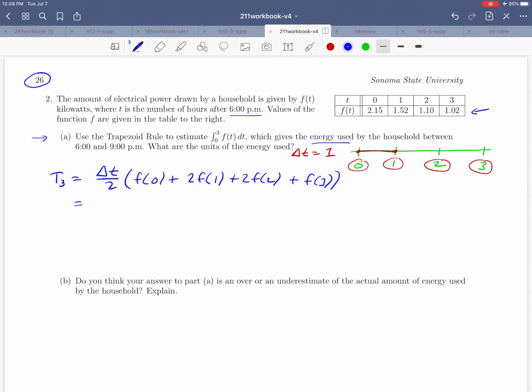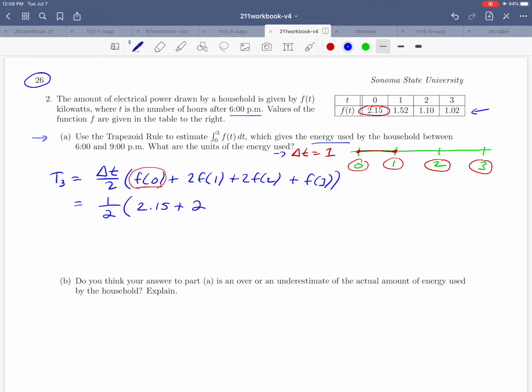All right, can we find numbers for these things? Well, we already noticed over to the right that delta t is equal to 1 from the picture. And how do we get these function values? Like f of 0, for example, how do we figure out what that number is? Well, really, we just need to look at the table. F of 0, by definition, is 2.15.